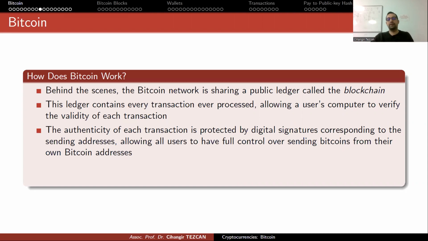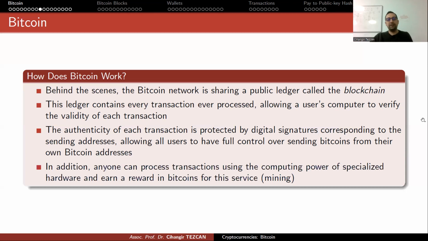So you cannot steal other people's Bitcoin if you don't have the private key of their public key. In addition, anyone can process transactions using the computing power of specialized hardware and earn a reward in Bitcoins for this service, which is referred to as mining, which we'll be talking about in the future.